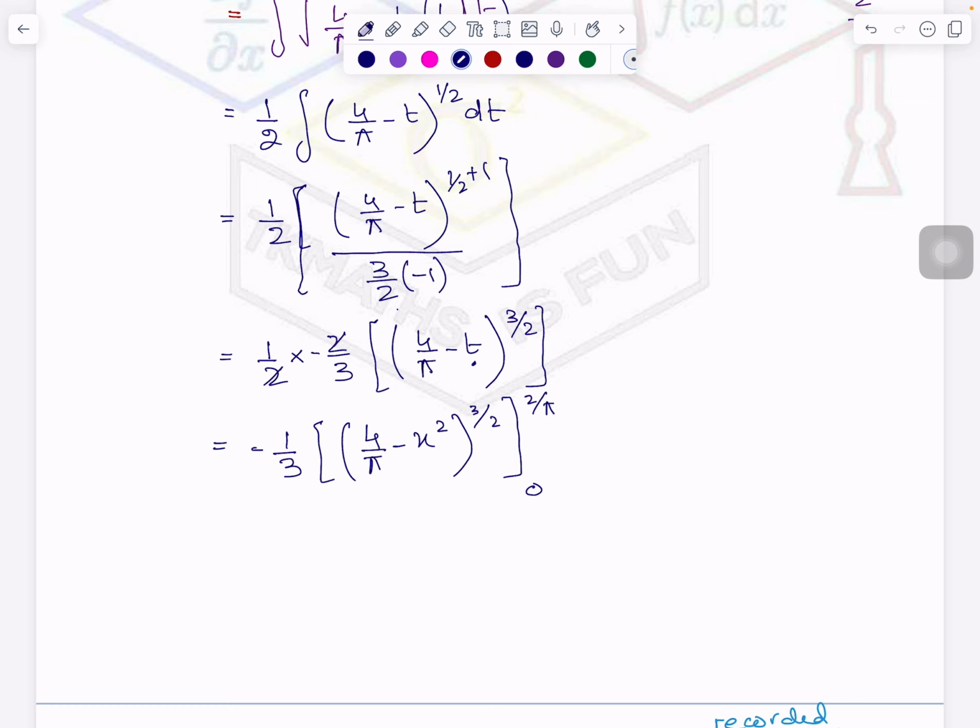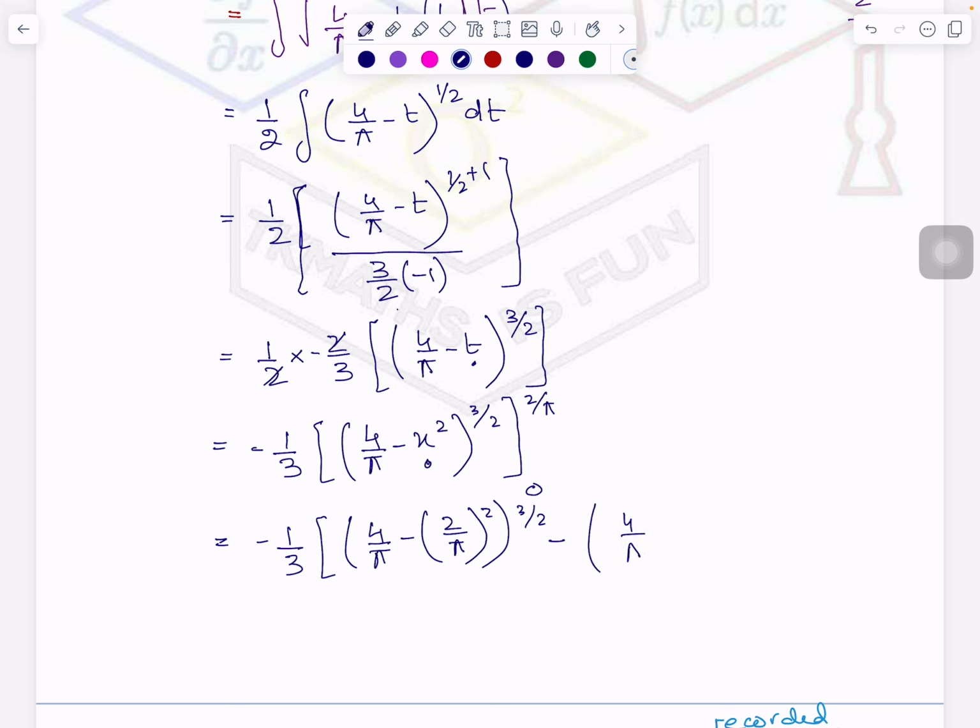So now this question is clear. 1 over 3. So first of all, I will apply 2 pi limit here. So it is 4 over pi minus 2 over pi square, 3 over 2. And second time, in place of x, I will substitute the limit 0.